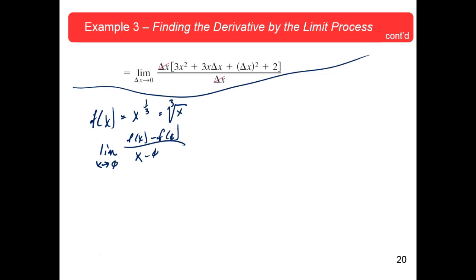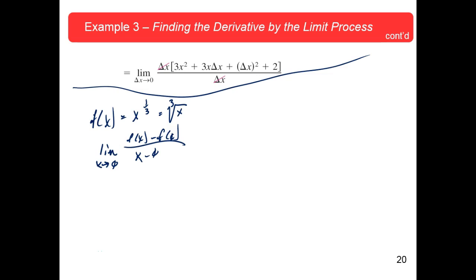But remember, indeterminate doesn't always mean you have a limit. You have to determine it. 7 over 0 never happens, and 0 over 7 is 0. But with 0 over 0, it's not that you have no limit, it's that you can't tell if you have a limit. So this is an indeterminate form.